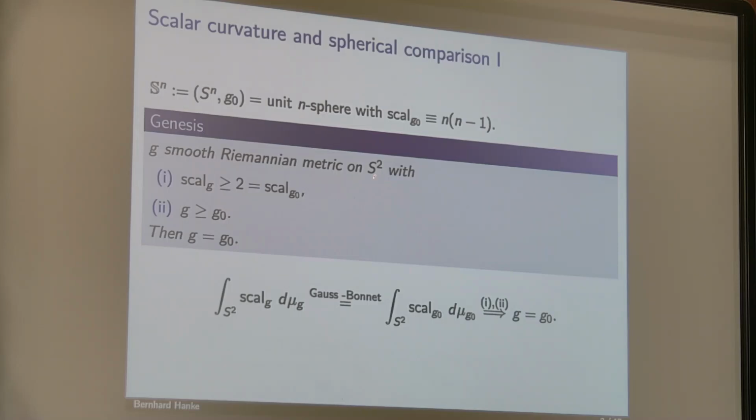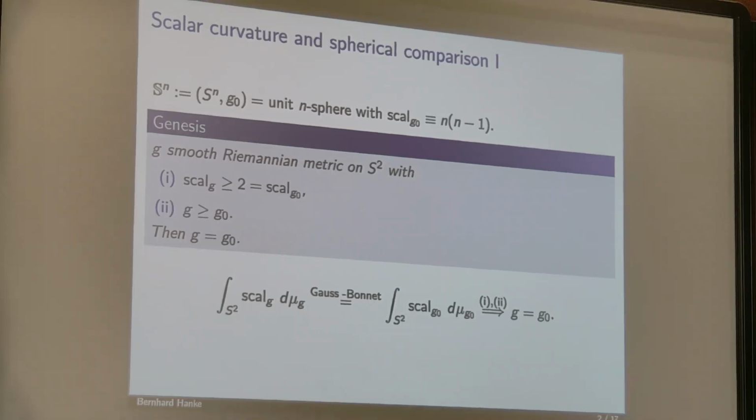Now let's look at the two-dimensional sphere. This is a very easy example, but we can see very important principles that will then be generalized to higher dimensions. Namely, if you take any smooth Riemannian metric g on S2, different from g0 or maybe even equal to g0, and we assume the two following properties: a scalar curvature comparison and a volume comparison.